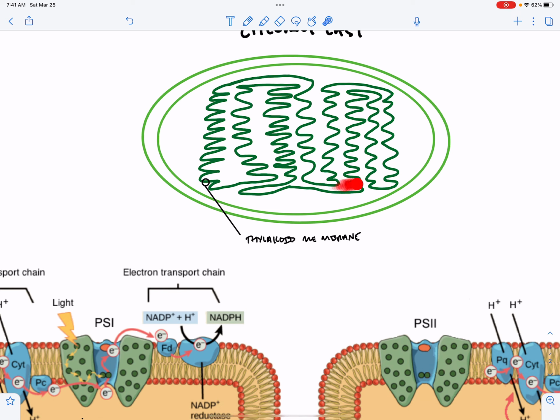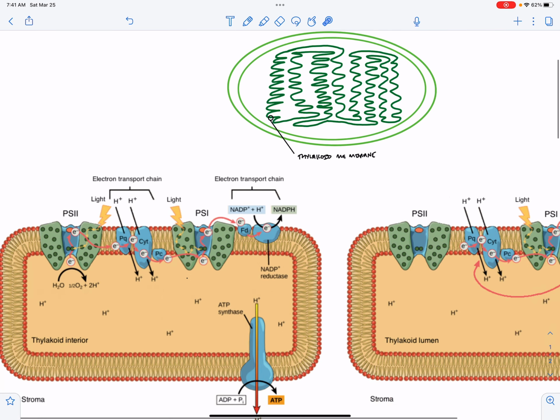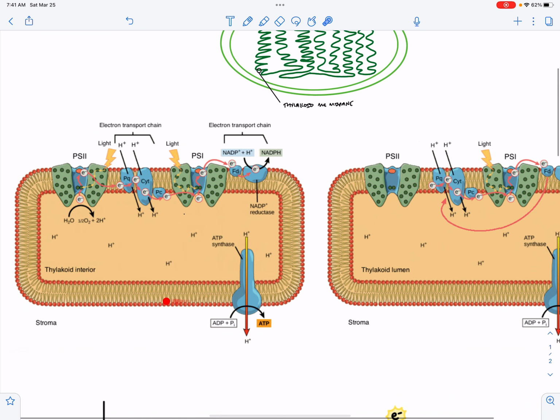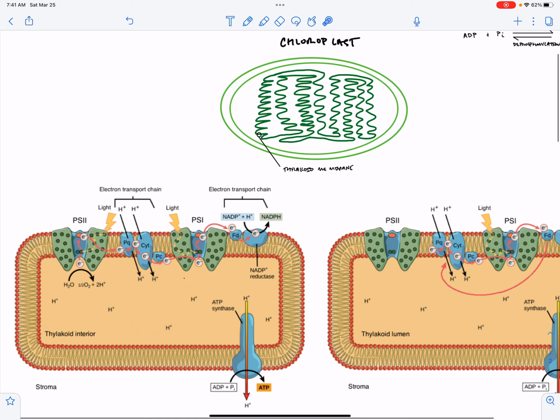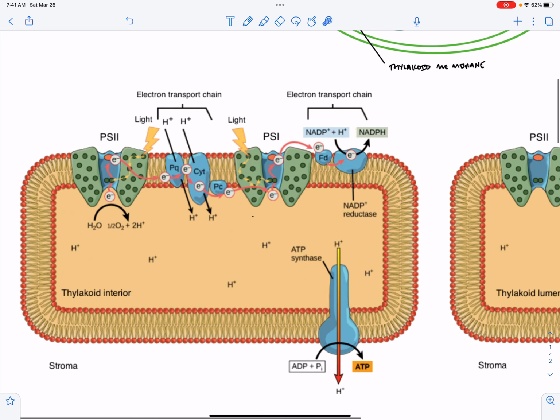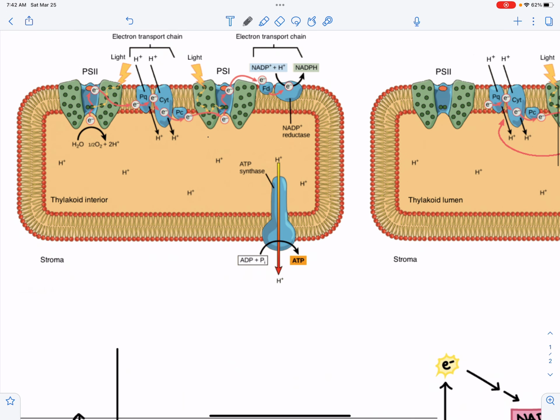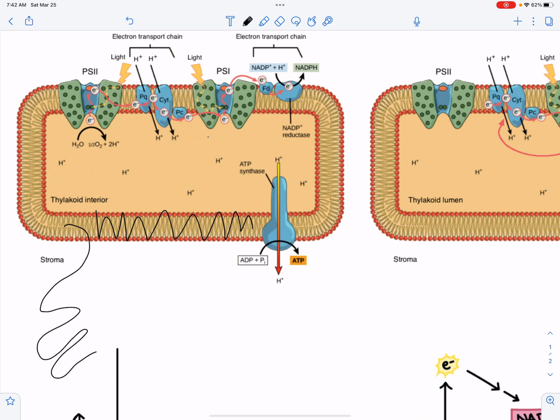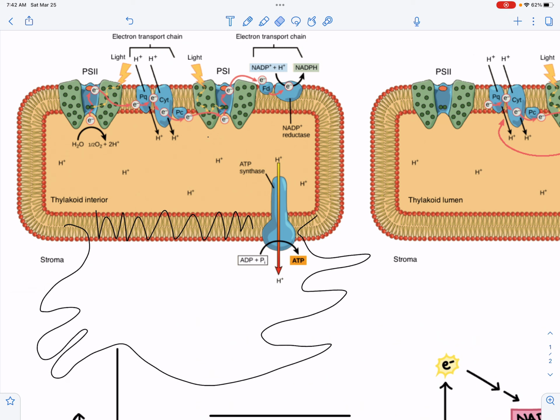Ooh, it's just one giant, highly folded lipid bilayer. And this image makes you think that the thylakoid membrane is just one tiny little jelly bean, when in fact it is many hundreds, if not thousands, of interconnected jelly beans. So imagine we erased this part of the membrane and then we continued the membrane out like this. That would be a more accurate representation of what the thylakoid membrane looks like.